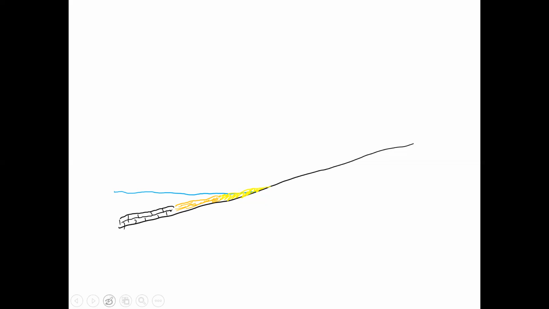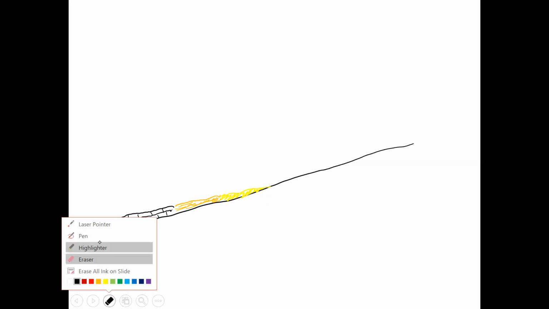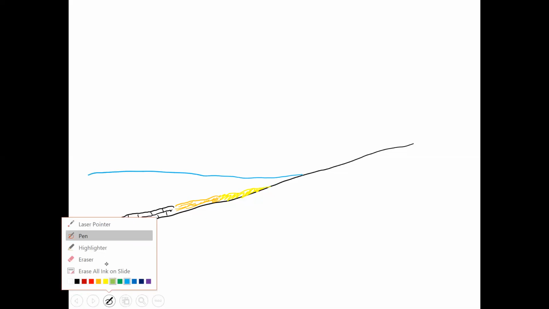What happens is then sea levels rise. And so the coastline was there, now the coastline is here. Now the same pattern of sediment deposition continues.